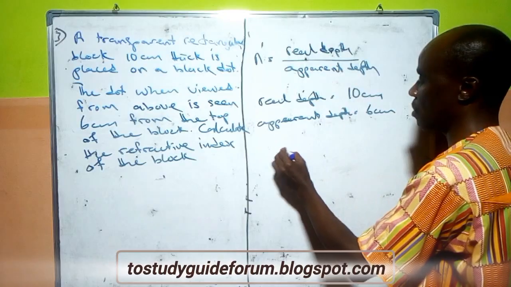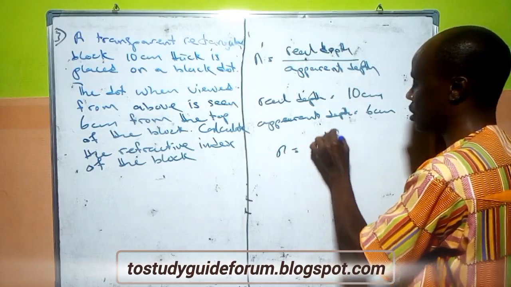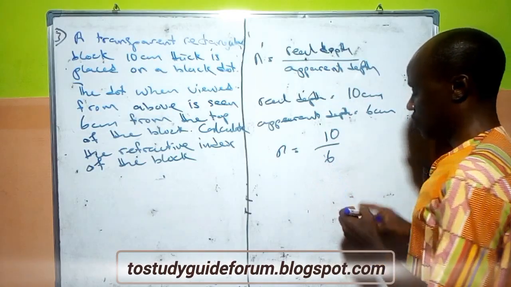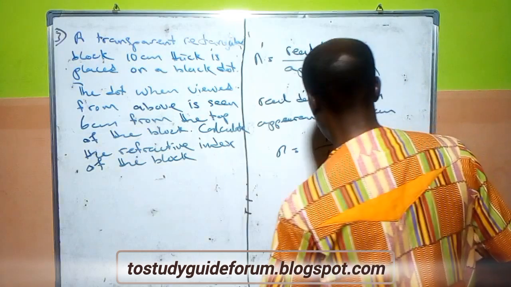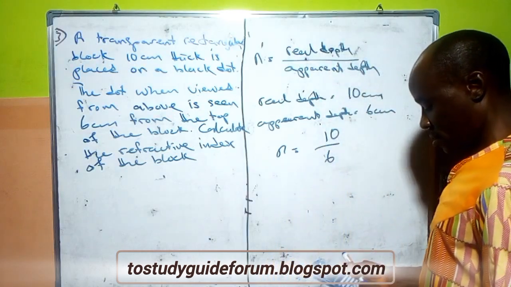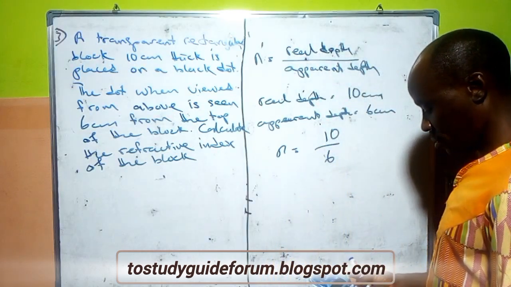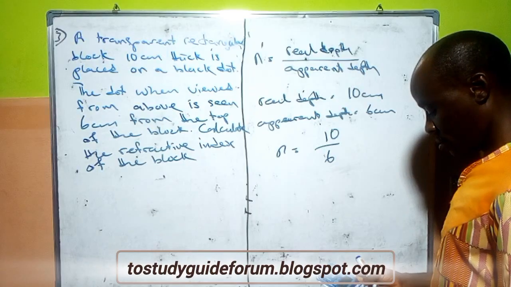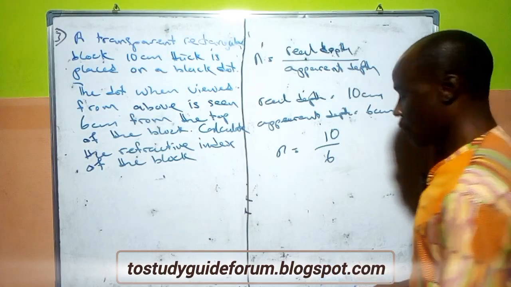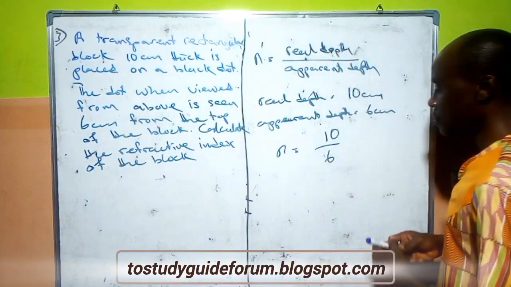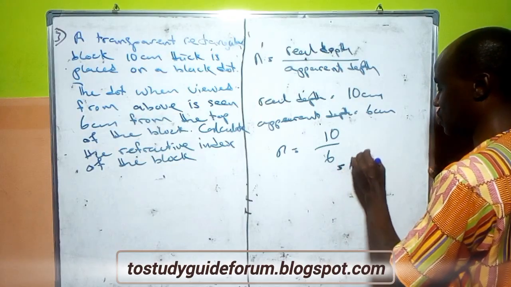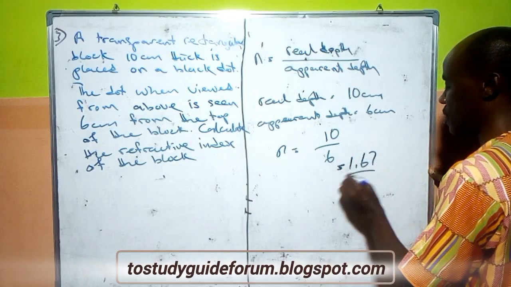So using this formula, we have n will be 10 over 6. So 10 over 6 will give us 1.67. That's our refractive index.